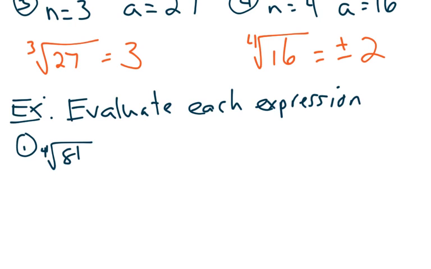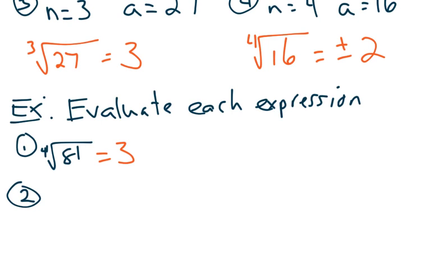If it just says evaluate and it doesn't have a plus or minus in front, it just wants the positive. Or if it had a negative in front of it, it would just want the negative. So we don't necessarily need to worry about plus or minus here, even though it is even and positive. We just need to figure out the 4th root of 81. Number times itself 4 times to get 81. That would be 3, because 3 times 3 times 3 times 3 would be 81.